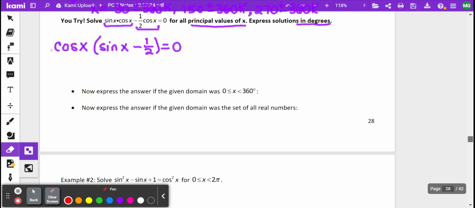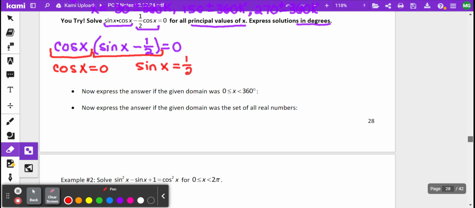And once again, we can use the zero product property because we have one value times another value. So we can say that cosine of x equals 0, and sine of x minus 1/2 equals 0. So I'm just going to add that 1/2 to the other side. So sine of x equals 1/2.